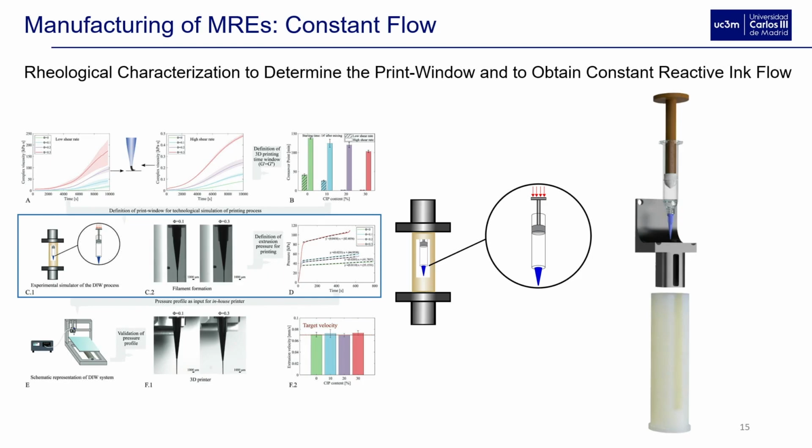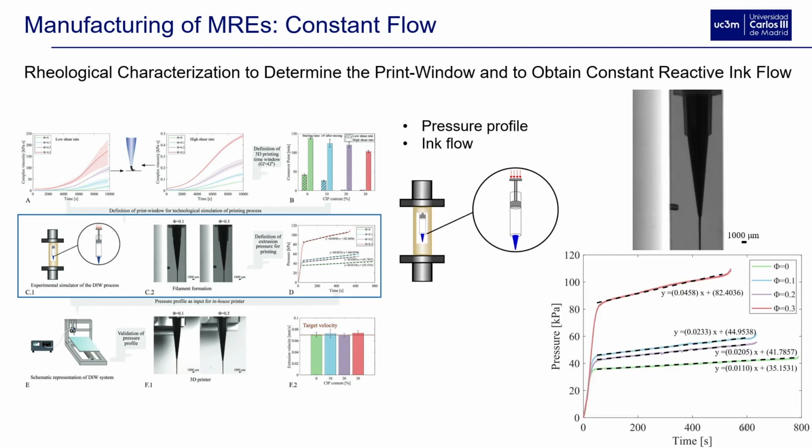To obtain a constant ink flow, a constant material flow, we impose a vertical displacement with a universal testing machine. That constant displacement imposes a material flow, and we are able to track the forces driving this flow.